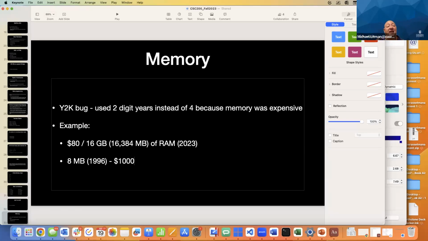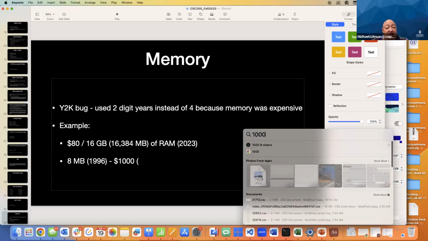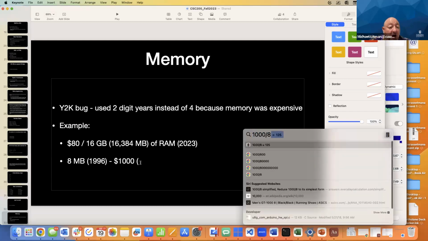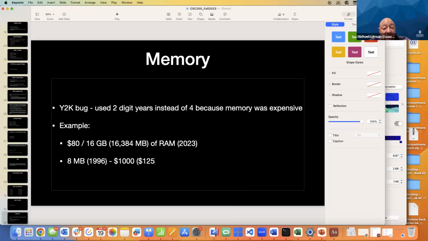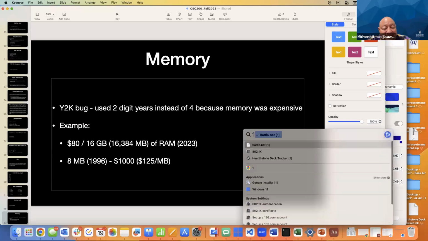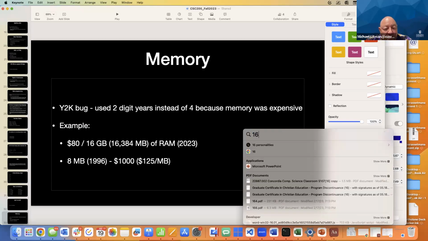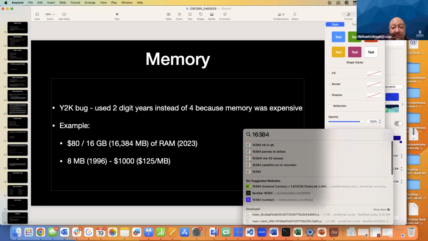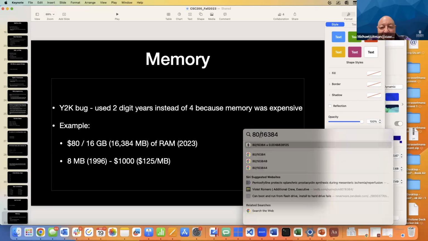All right, but in 1996, I spent $1,000 for 8 megabytes. So let's just look at the thing. 1,000 divided by 8 is $125 per megabyte, as opposed to 16,384 megabytes for $80.